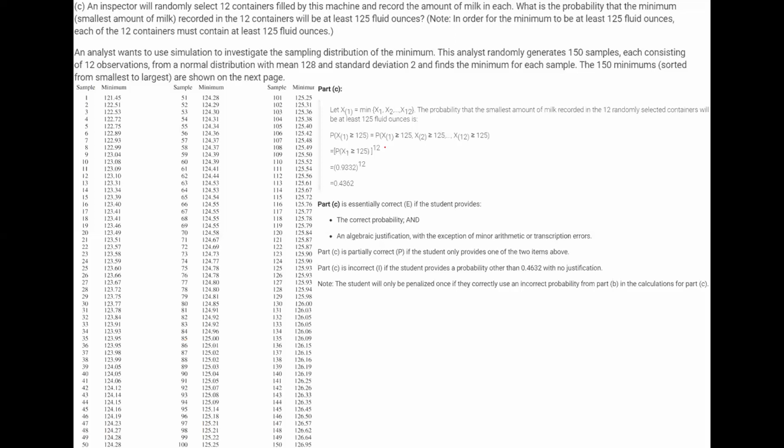I'm trying to figure out what this is. So I think what they did here, let me try this. The probability of at least 125, right?